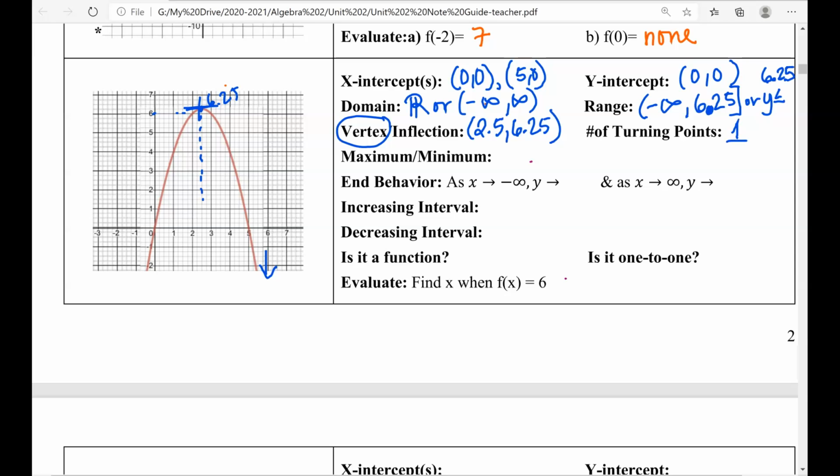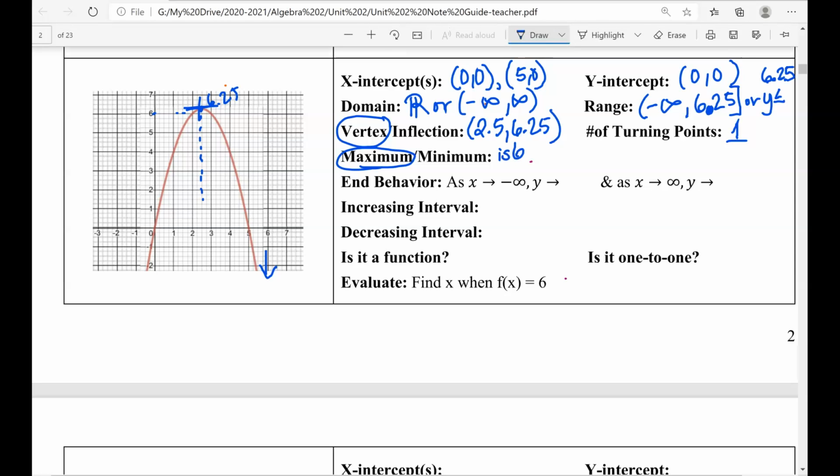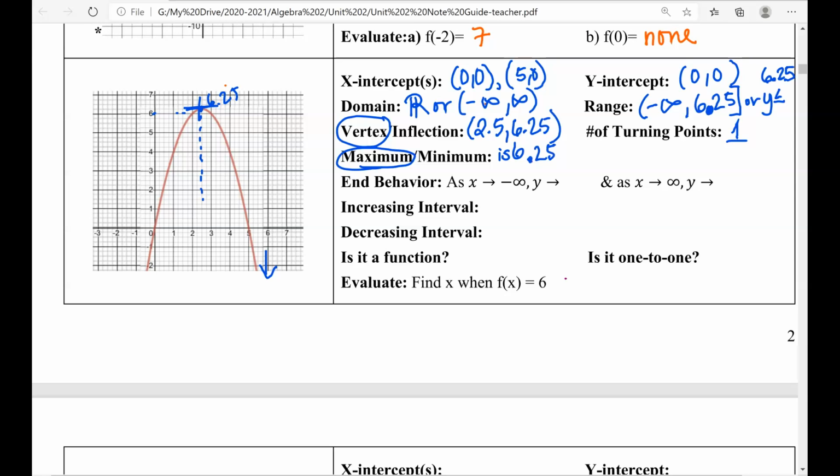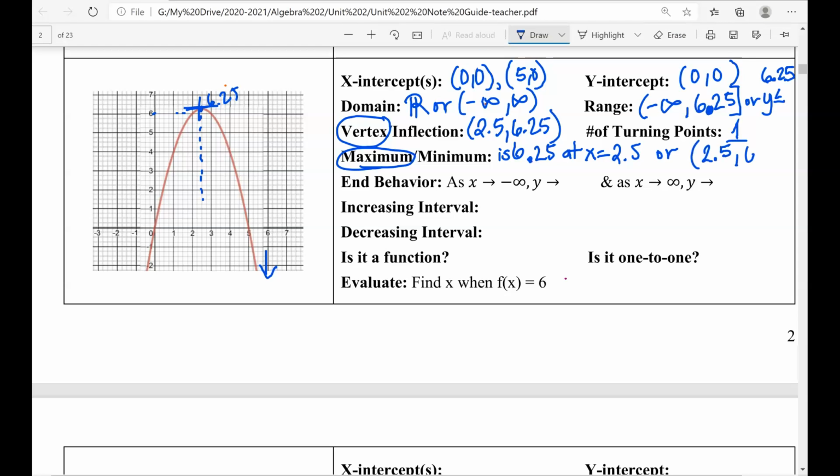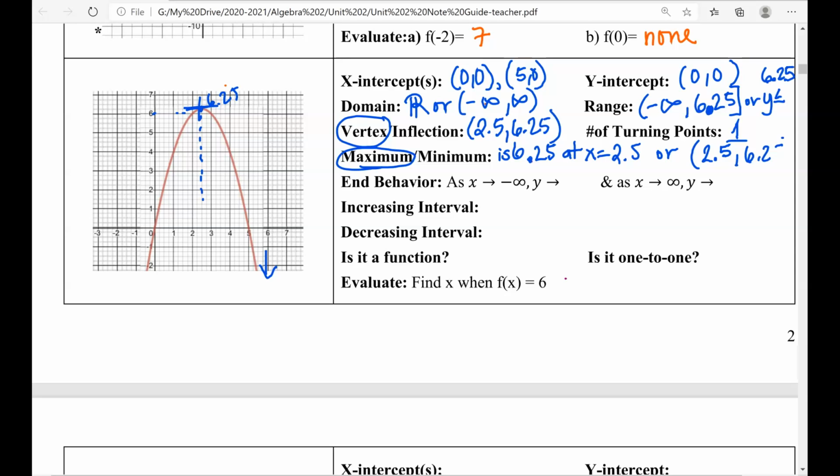So we got 1. We do have a maximum because we have a vertex. Usually a vertex indicates you have a maximum. So maximum is 6.25 at x equals 2.5, or we will accept (2.5, 6.25). So if you want to copy your vertex back down, that's okay too.